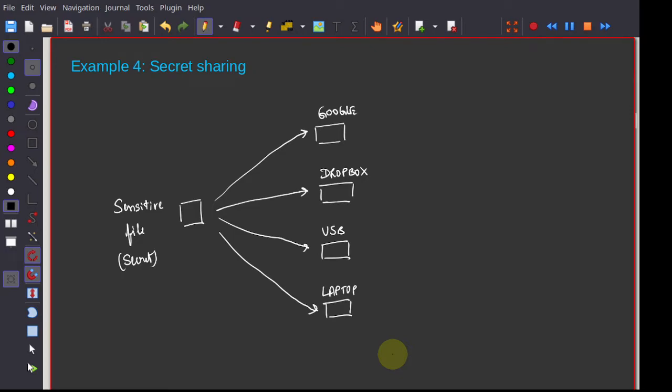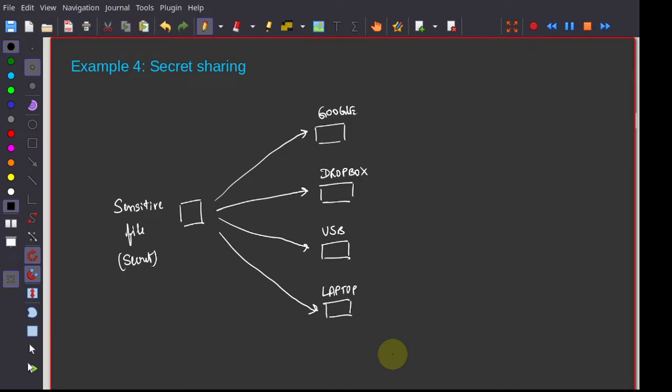I have a Google account, I have a Dropbox account, I have a USB with me, and I also have a laptop. But then I know that I can get hacked at any time. It is some kind of really private information. Maybe I'm a journalist and I have some secret information, and I don't trust any of them individually. So my USB could be stolen, my laptop could be hacked, my Google and Dropbox accounts could also be hacked.